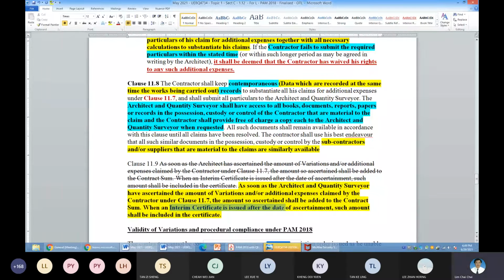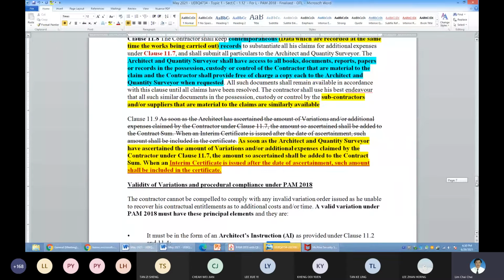And that amount has to be paid to the main contractor. So this is why this clause is important, because last time a lot of VOs, the consultant just don't want to pay, keep it there, strangle the contractor cash flow.